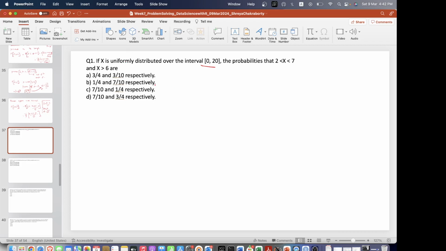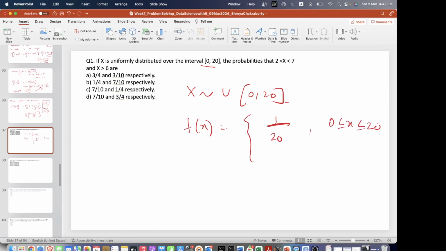So x is uniform over 0 to 20. Okay, so f(x) is how much? f(x) is 1 by 20 when 0 less than or equal to x less than or equal to 20, and 0 otherwise.